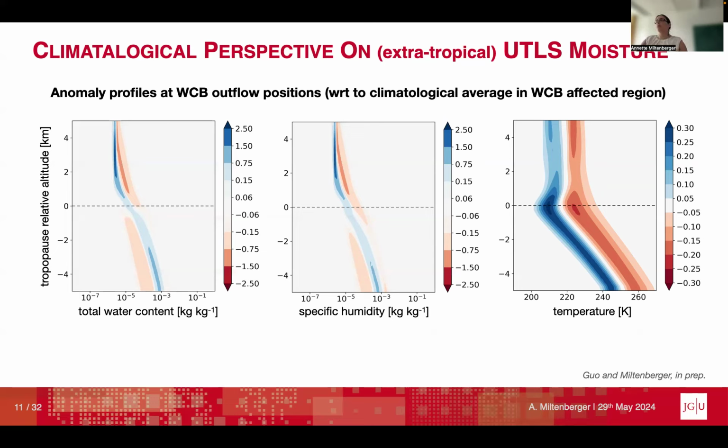And this temperature shift of the local tropopause actually explains this signal that we observe in the stratosphere. So if you do this not in a tropopause relative, but for example, a pressure coordinate system, the signal in the stratosphere is completely gone.